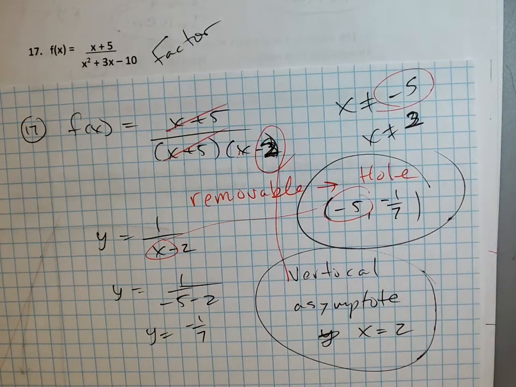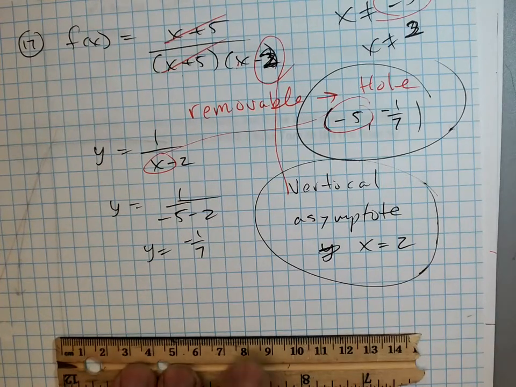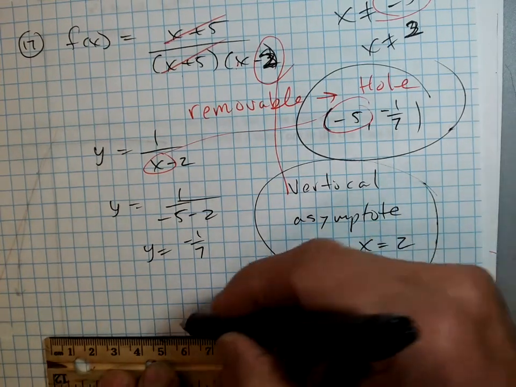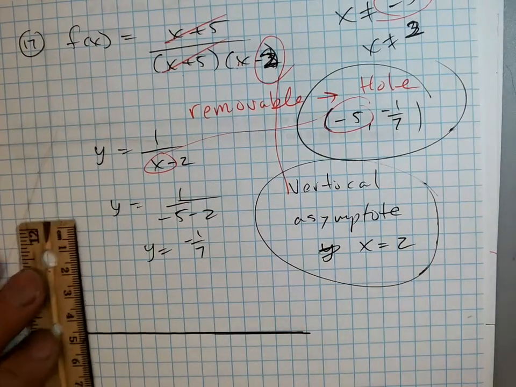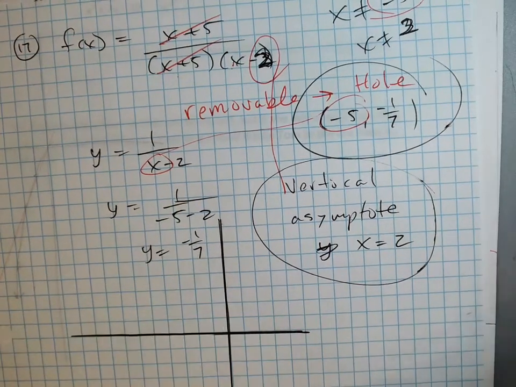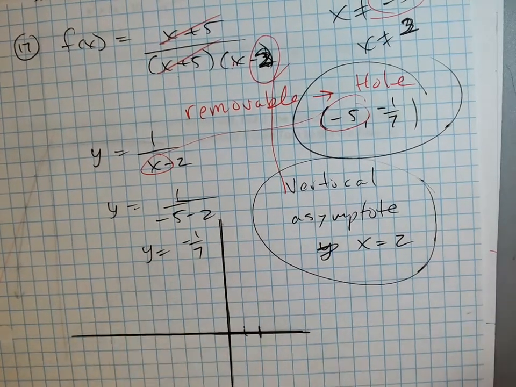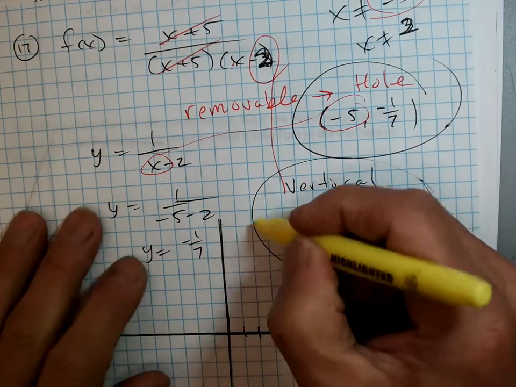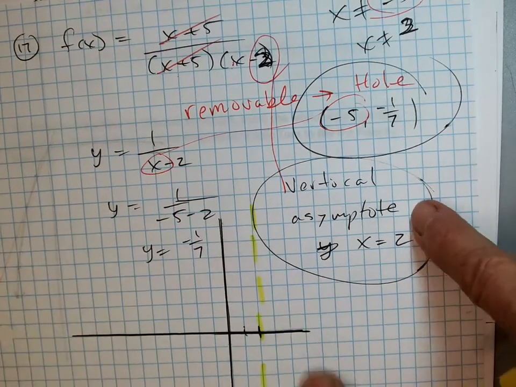Now, if I go to my graph, I know this much on my graph, okay? If I put down my graph, and I'm going to look at it on my calculator, of course. That seems like the easiest way to do it, right? Before I do anything, I know this: vertical asymptote at 2.